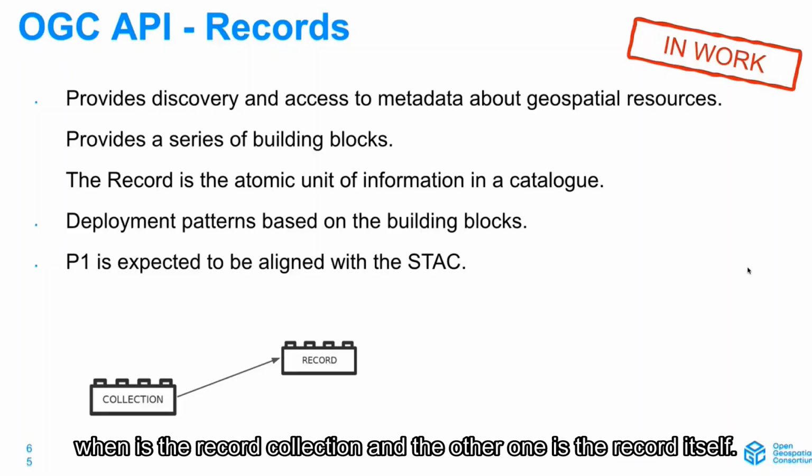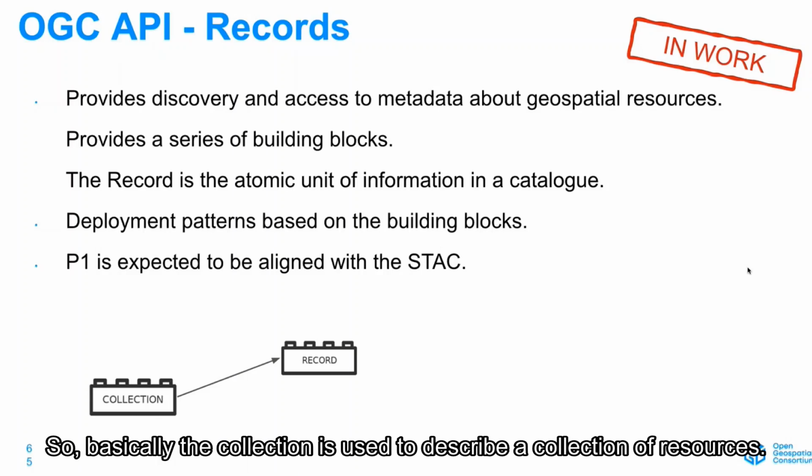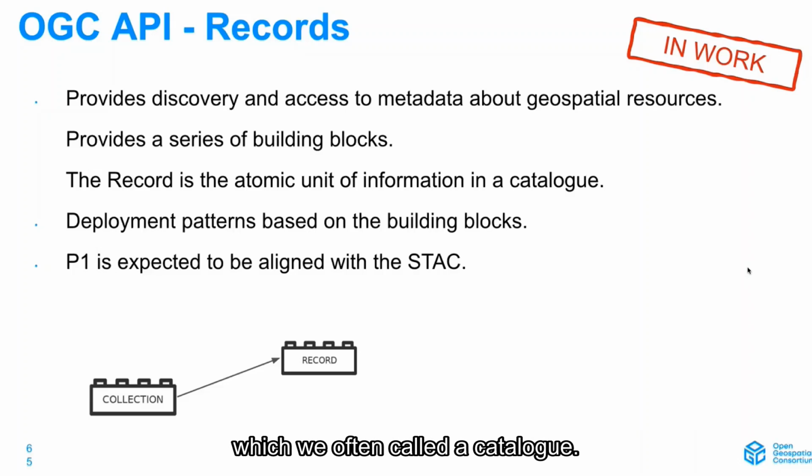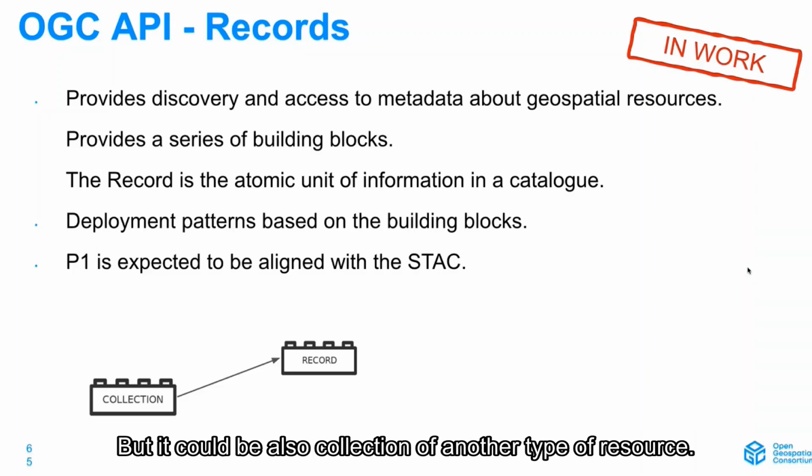One is the record collection, and the other one is the record itself. Basically, the collection is used to describe a collection of resources. The collection of resources could be a collection of records, which we often call a catalog, but it could also be a collection of another type of resource, like a feature or a coverage.